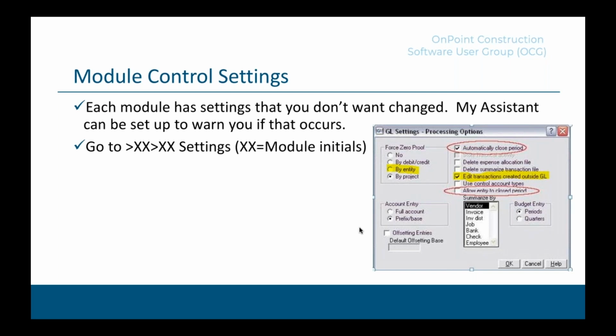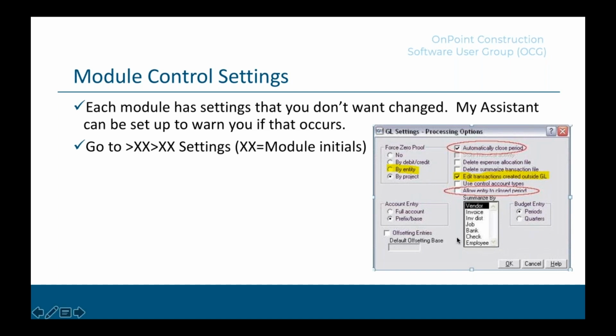Each module has settings that you don't want changed. And that's where My Assistant can warn you if anything in the settings changes. Also, if somebody is not a privileged operator, one who can do anything and everything in the system, then don't give them access to settings, because there shouldn't be anything that they need in settings.